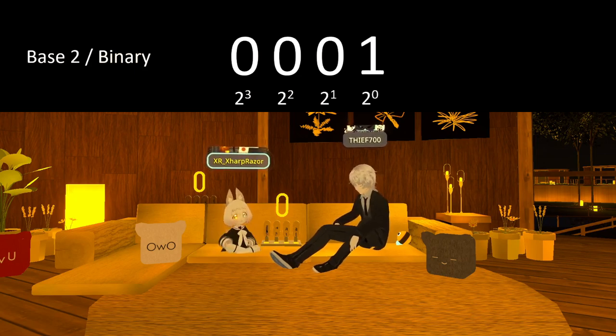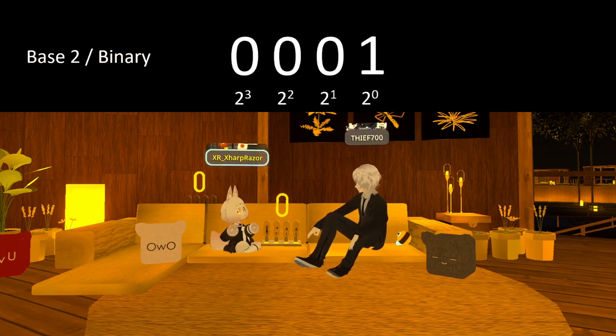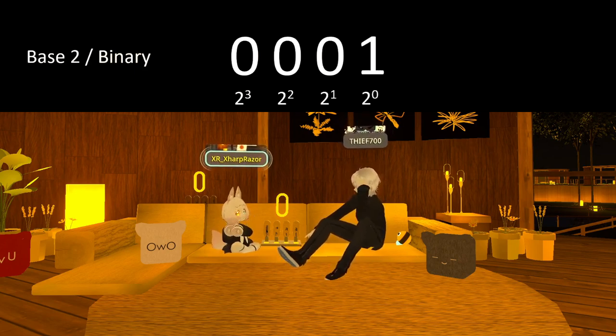So just to be clear, in normal base 10, we have the 1 place, 10 place, 100, and so on. The 1 place is 10 to the 0, the 10th place is 10 to the 1, and 100 is 10 to the 2, right? And in base 5, which we were previously in, we have 5 to the 0, 5 to the 1, 5 to the 2.